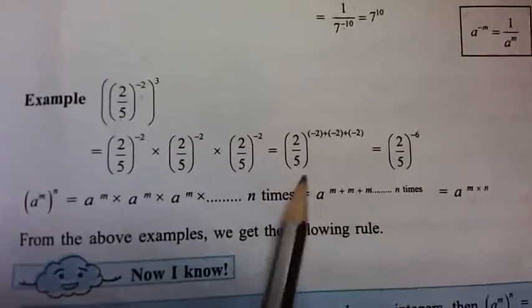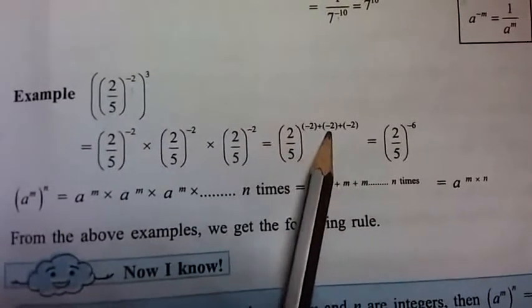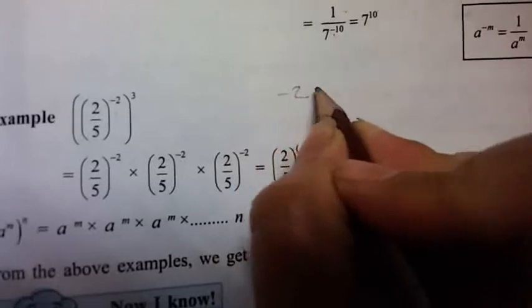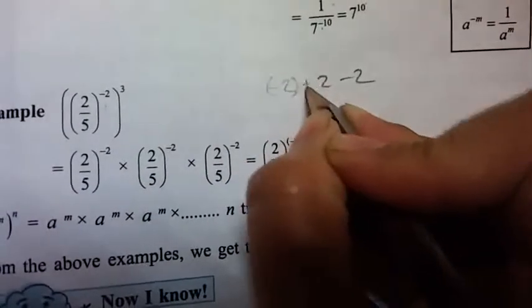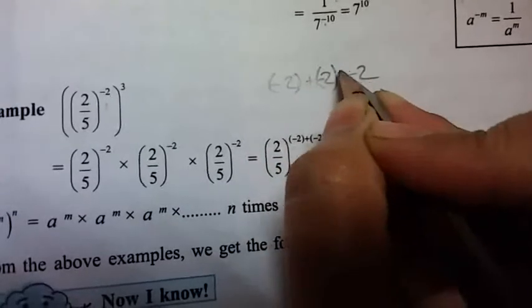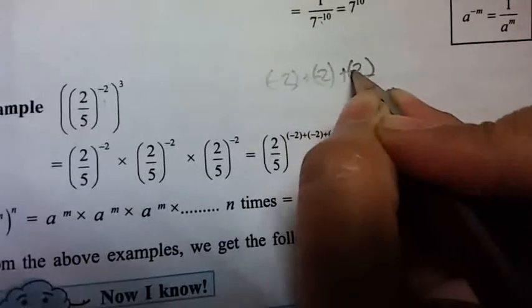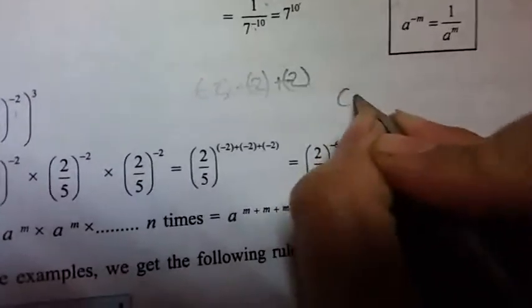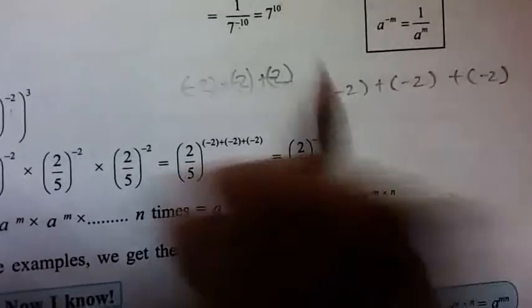Now 2 upon 5 raised to, add minus 2 three times.